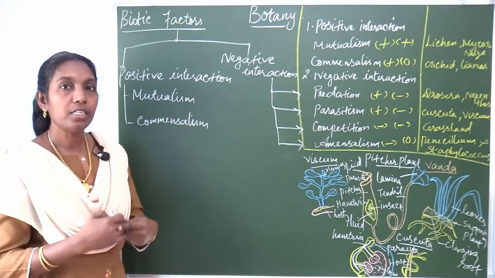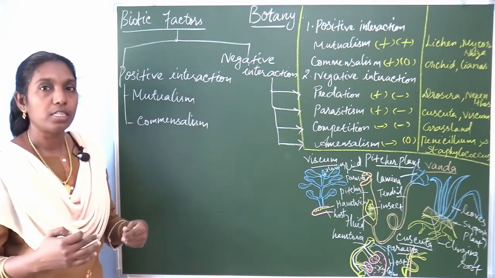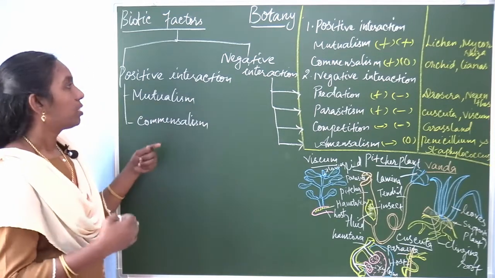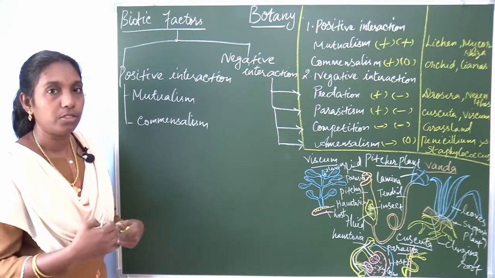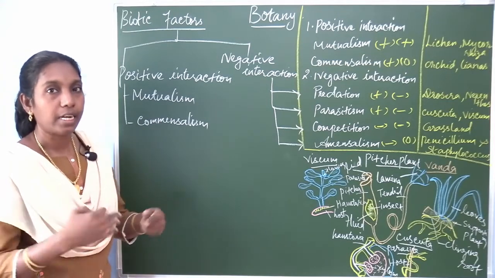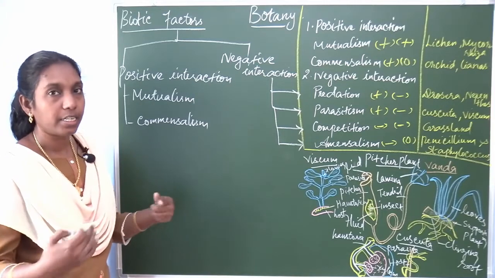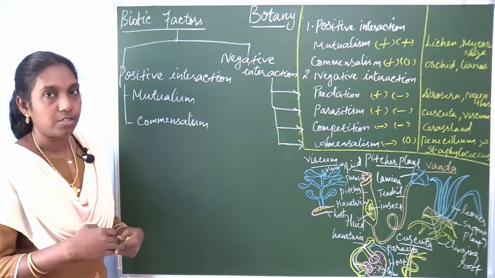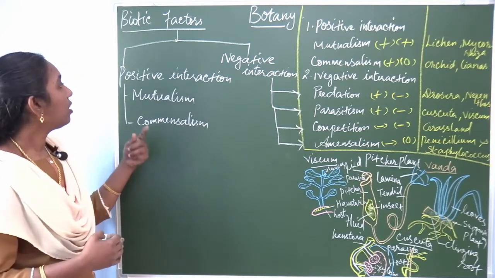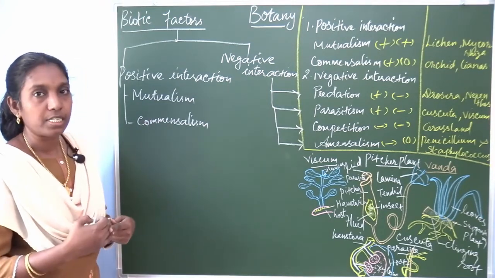Interaction between living organisms like plants and animals. So plants and animals interact with each other, either plant to plant, animal to animal, or plants and animals; two organisms interact with each other. These interactions are positive and negative. In positive interaction, both are benefited.